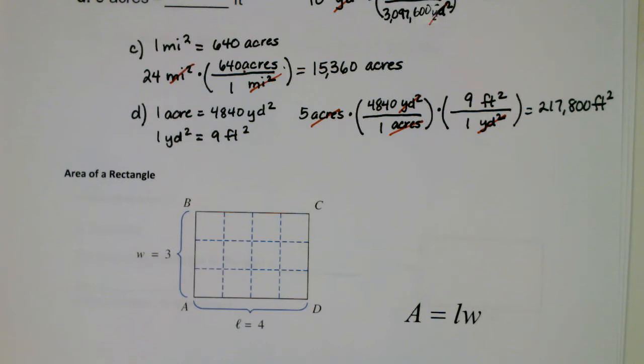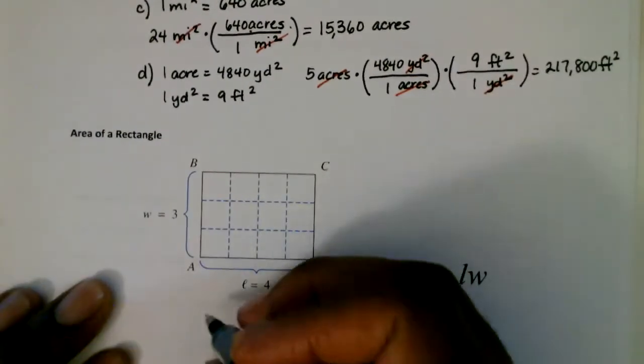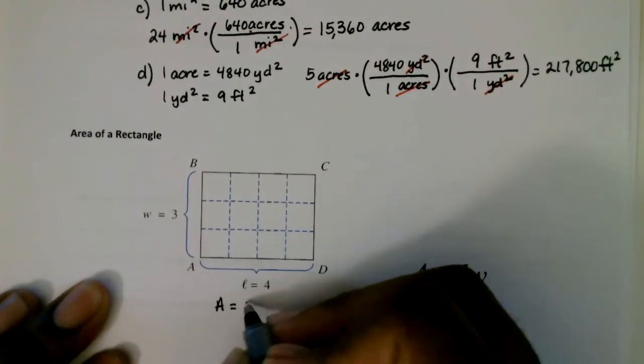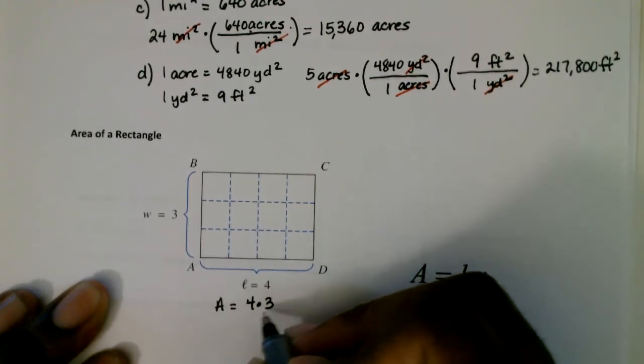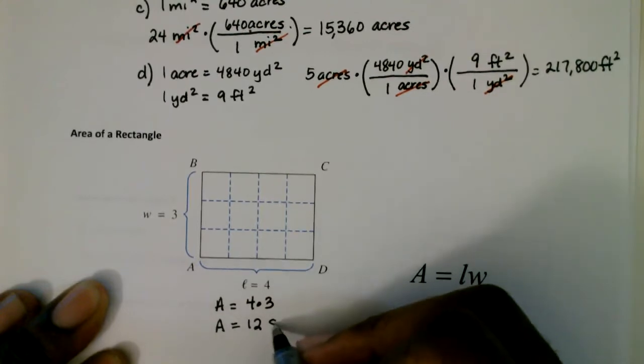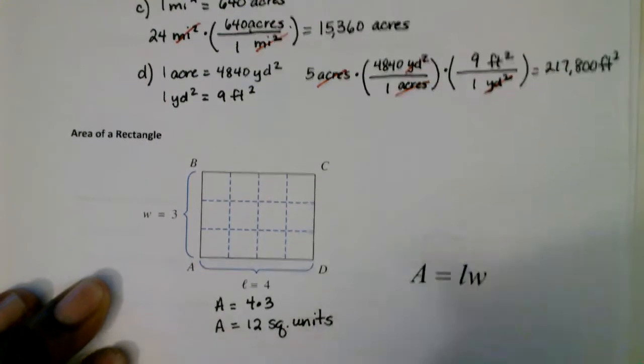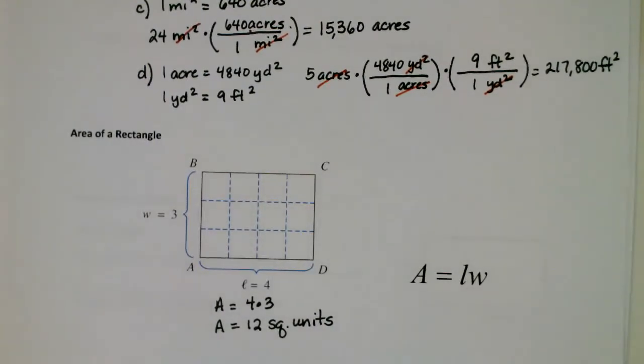So it'll be 4 times 3, which is 12. And it will be 12 square units because area is always going to be in square units.